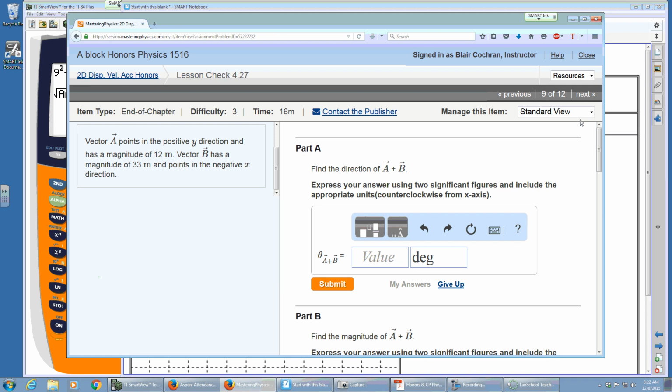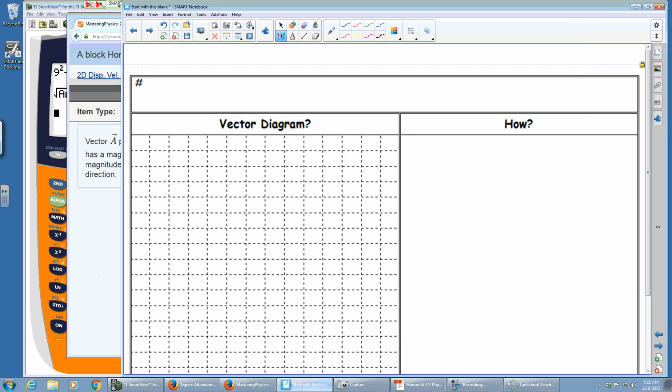So let's do the vector diagrams for each of these. And then if needed, we'll do the math. But all the math is sine and cosine, and I think you guys can probably do those. So we've got vector A, positive y direction, 12 meters. So vector A, positive, and that's 12 meters.